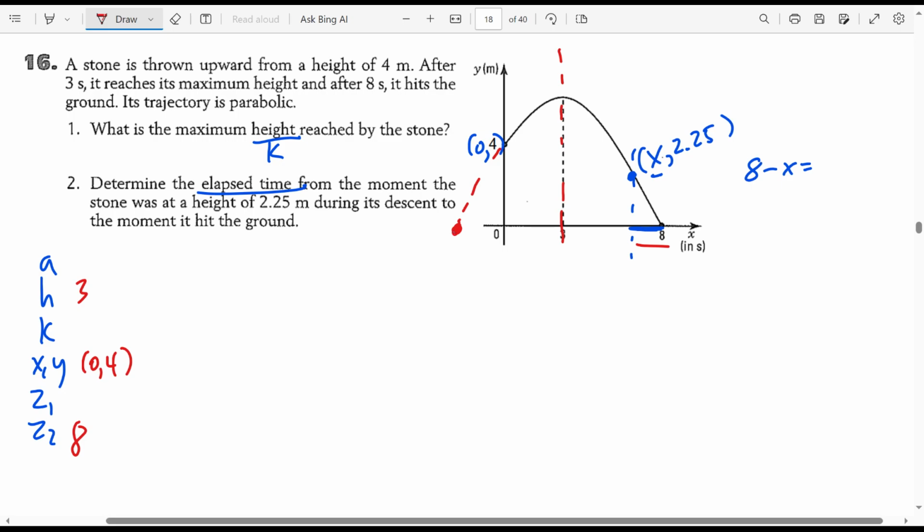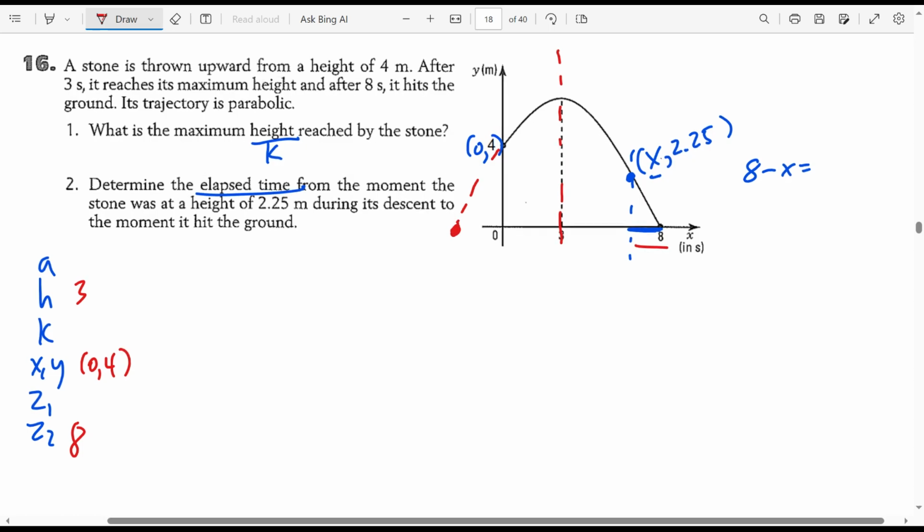You just count between the 3 and the 8, then you count the same number, but from 3 backwards. So then it's basically a logic and reasoning kind of puzzle in this case, where if I have my axis of symmetry and a zero, I can always find the other zero.